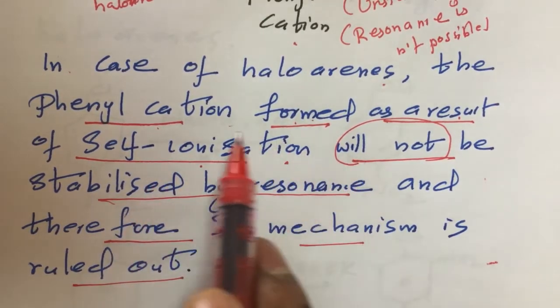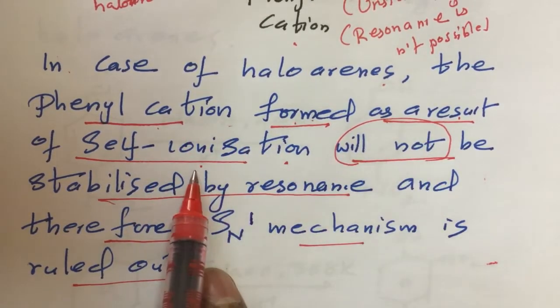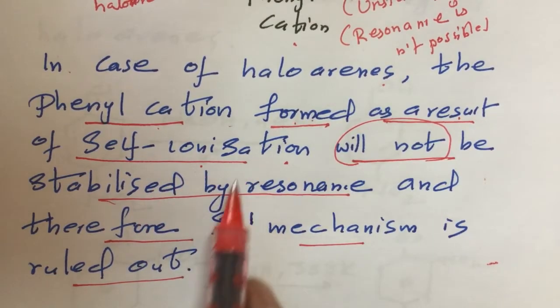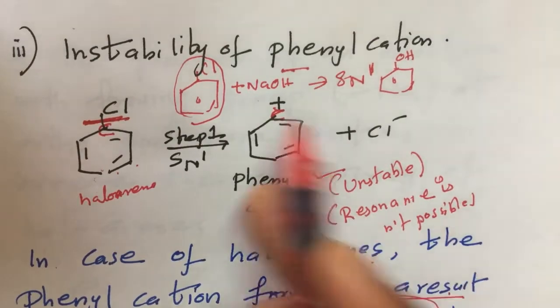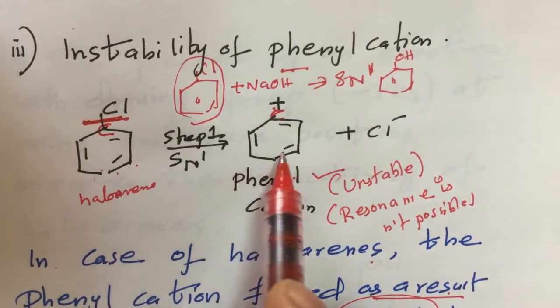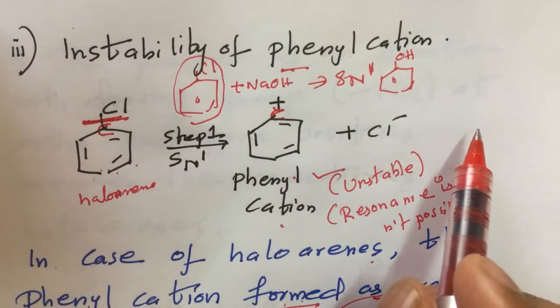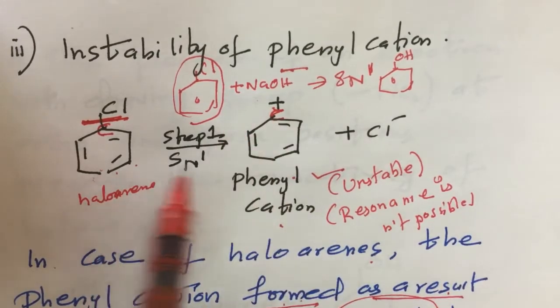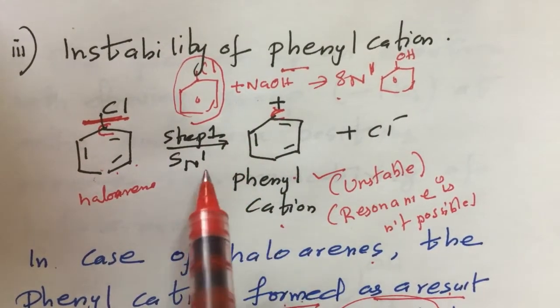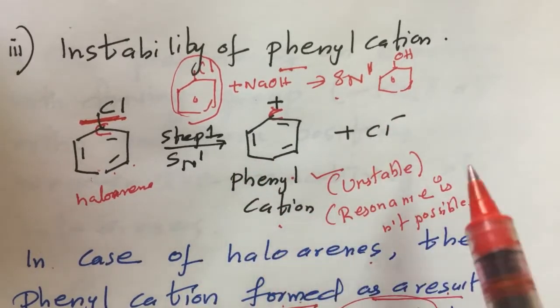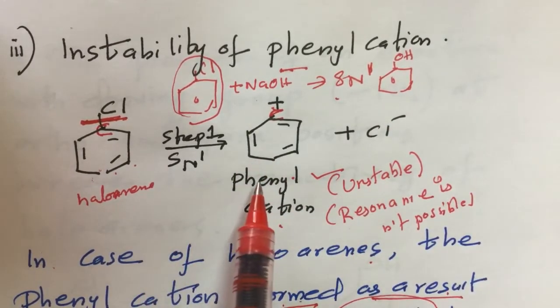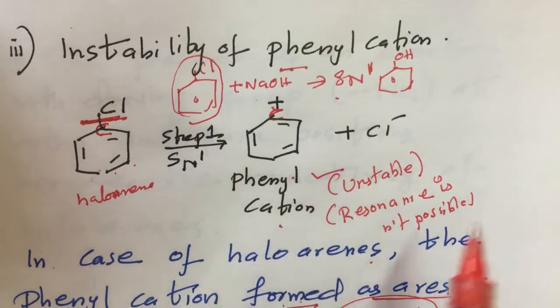The phenyl cation is not stable, therefore the chance of SN1 mechanism is completely ruled out, and this reaction will not take place through SN1 mechanism. So this point is also a reason of less reactivity of haloarenes towards nucleophilic substitution reaction.